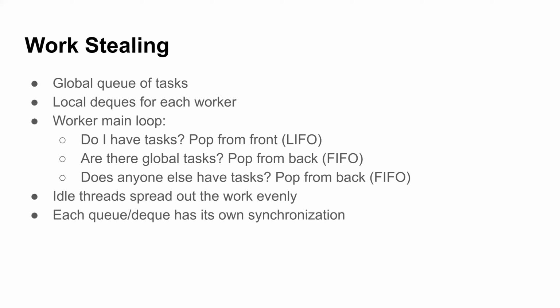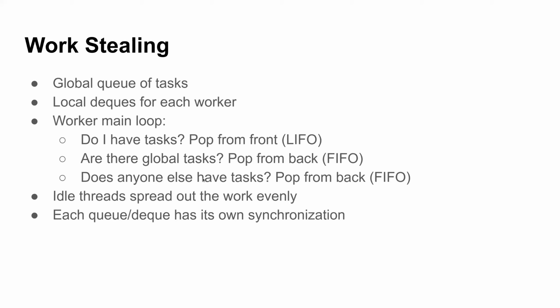Okay, so that's the first task. It tries to find if it has work for itself to do. If there's no work in the worker's deque, then it looks into the global task list. And if there are global tasks, then we want to pop from the back, first in, first out. And then if anyone else has any other tasks, then we want to pop from theirs, first in, first out. This is the work stealing section.